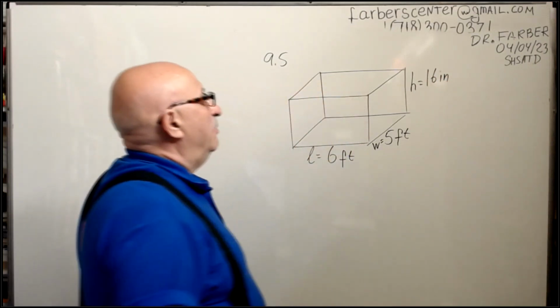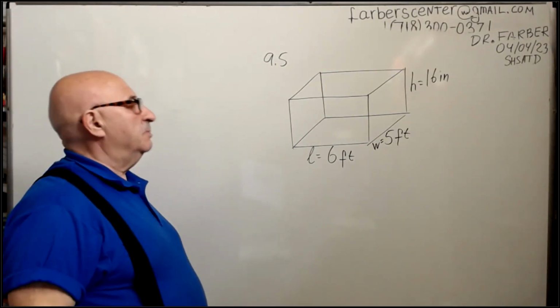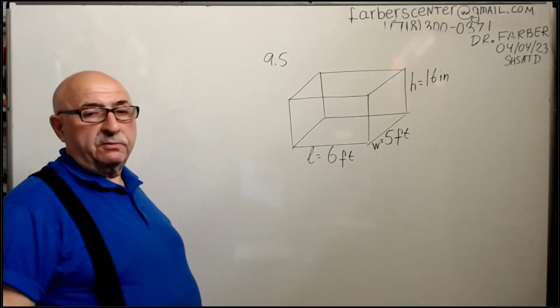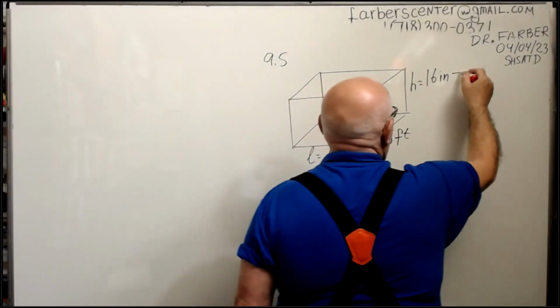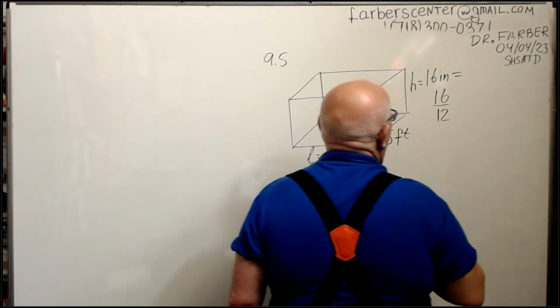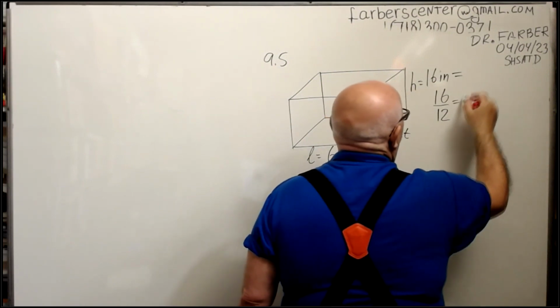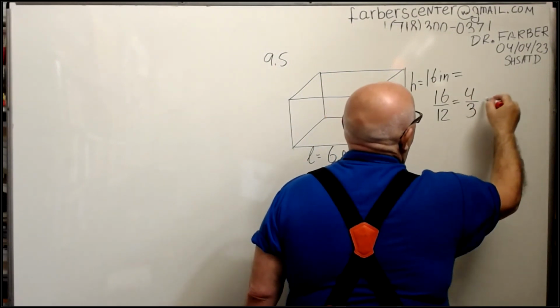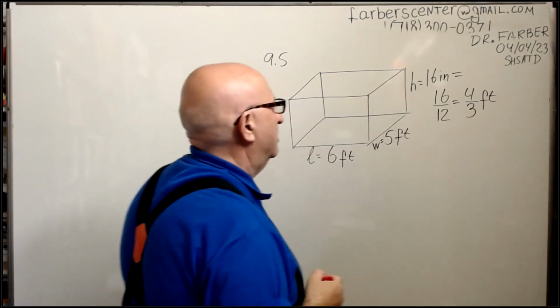Rule of thumb, if you have to find volume, everything must be in the same unit of measurement. You know 1 foot is 12 inches, right? Convert everything to feet. It would be 16 over 12, or after simplification by 4, it would be 4 over 3 feet. Beautiful. Everything in the same unit of measurement.